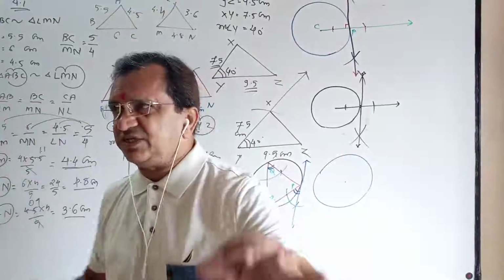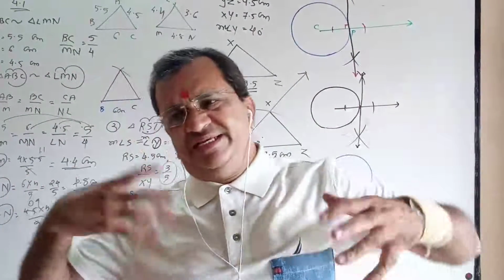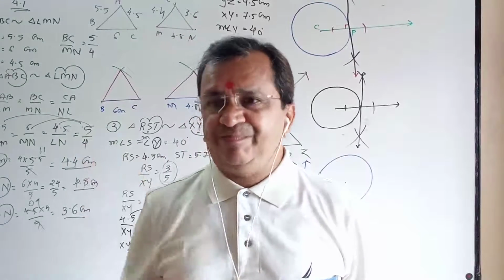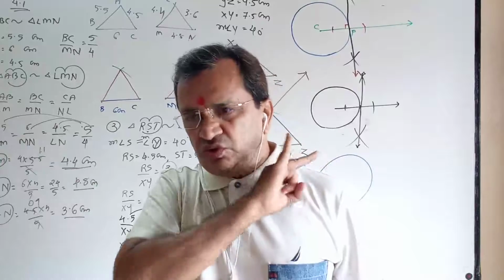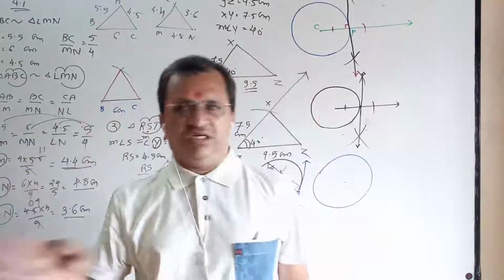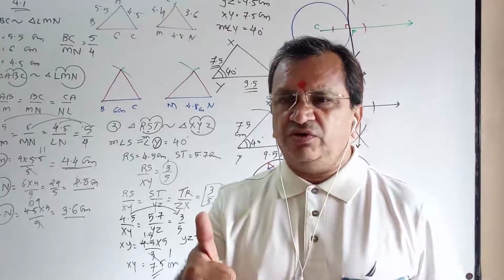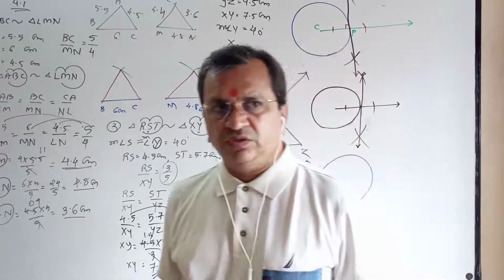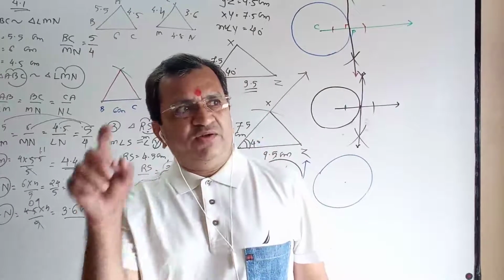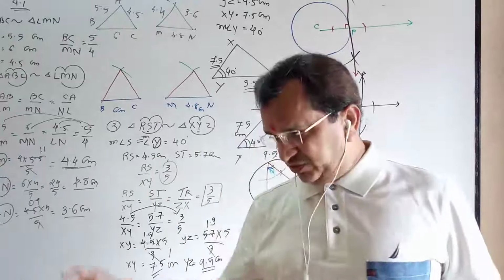Dear student, this chapter is very easy. Why? Scoring and easy. Why? Number 1, no formula. Number 2, no calculation. Number 3, no proof, no reason. Only you have to draw the diagram, you will get marks. Your paper will be overall 60 marks. Compulsory is 40.